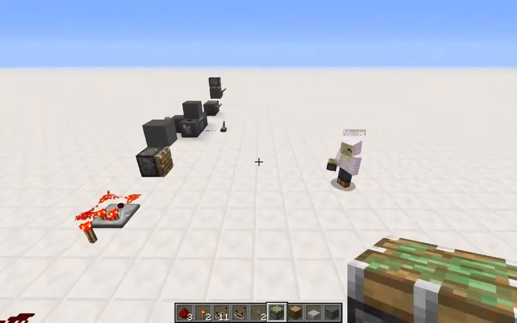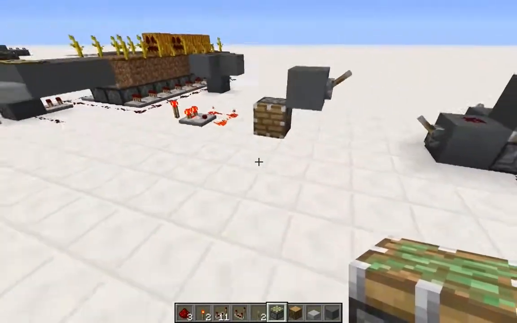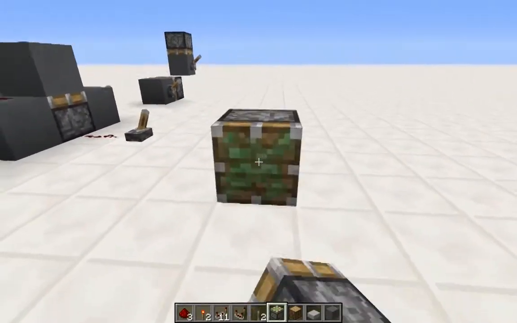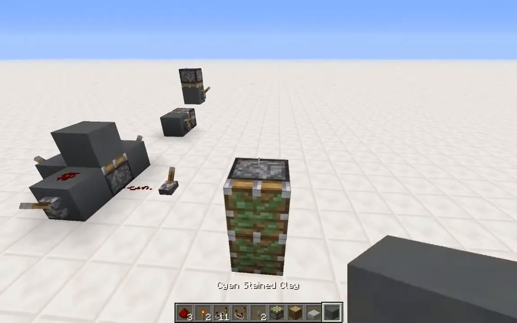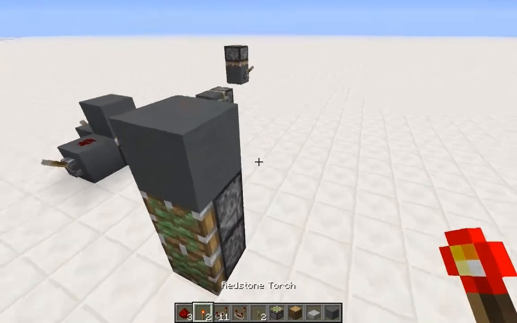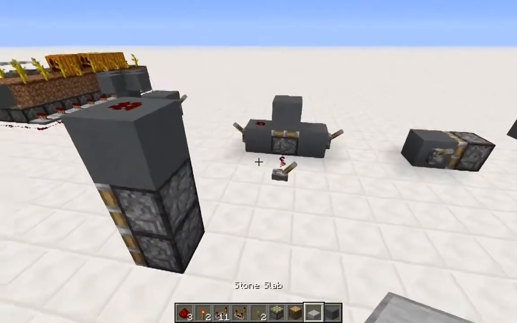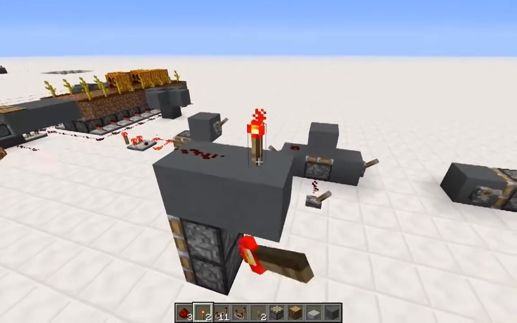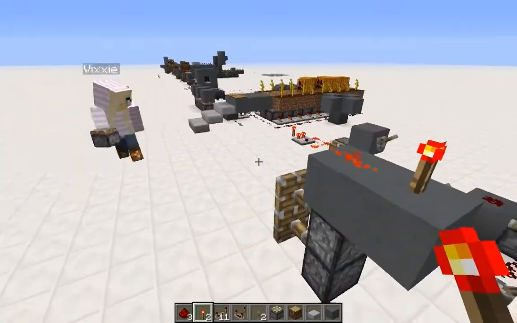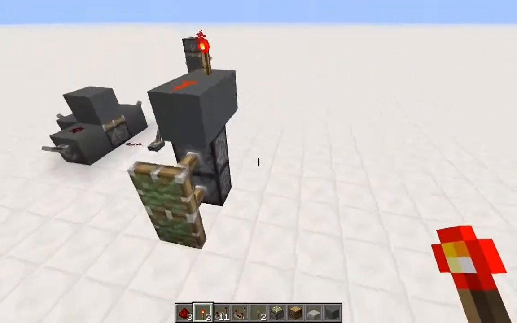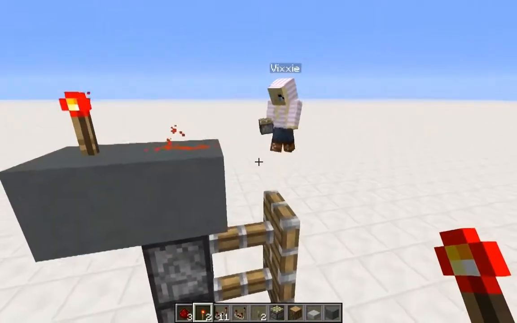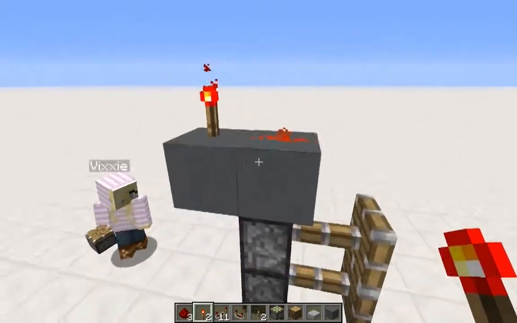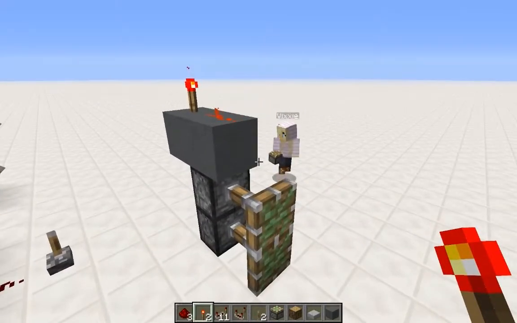Right. It makes compacting things somewhat difficult and sometimes a little easier, because something like this. Say you wanted those two pistons to go at once. All you have to do is power the block directly above it. Oh, indeed. I would honestly be trying to wire it all around back here and stuff, but there's no need to do that.